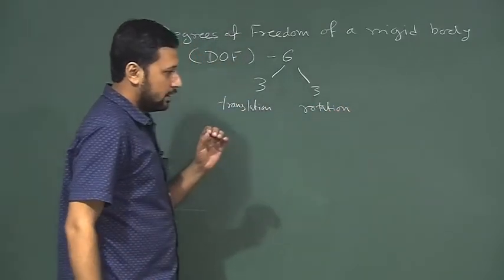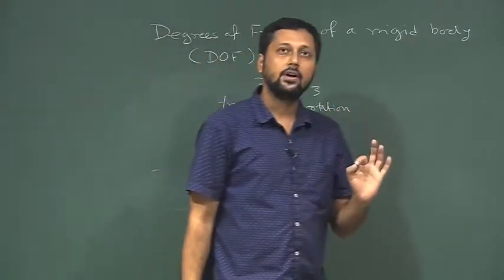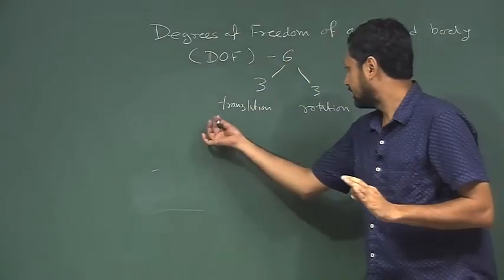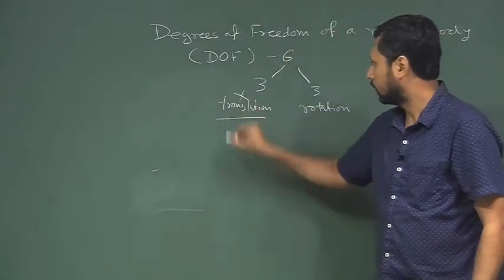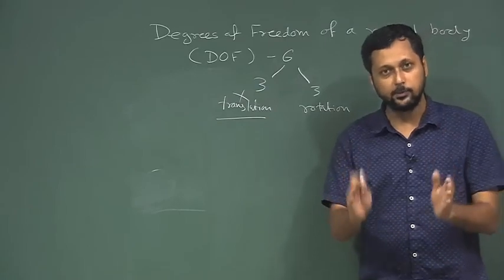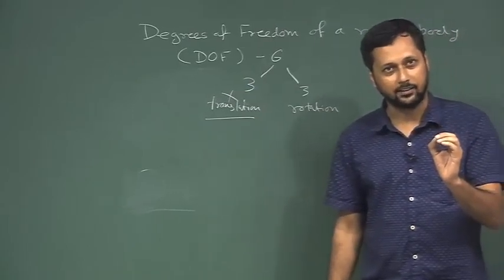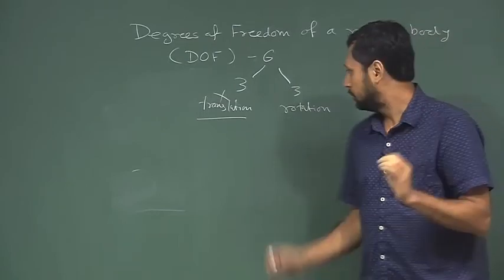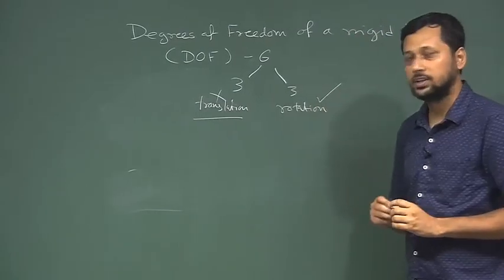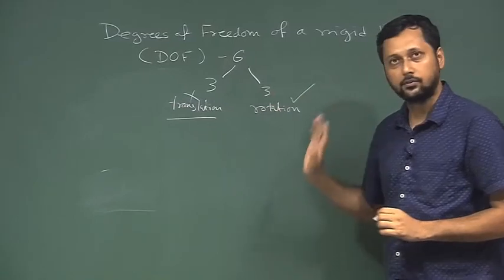The moment you fix one point in a rigid body, these 3 translational degrees of freedom are totally gone. So, we will be discussing cases where one point of the rigid body is always fixed. That means we have purely rotational motion and we have to deal with only 3 degrees of freedom.